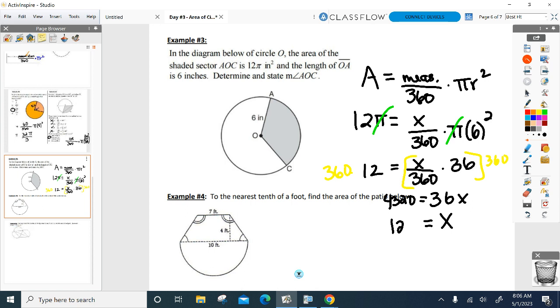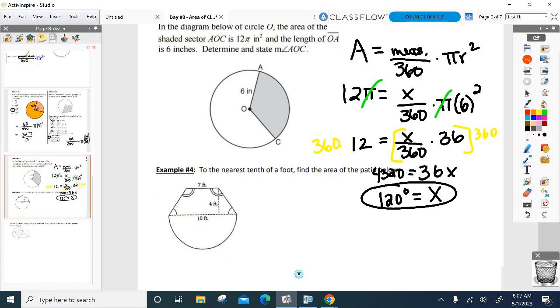And that's going to be 120 degrees. Questions? All right. And now I just want to, so everyone's good with the sector. That's all I'm really doing with the sector today.